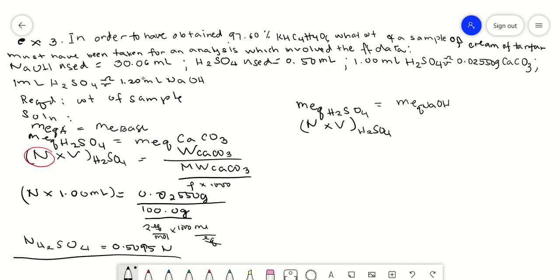So 0.5095 normal times the volume of 1 ml is equivalent to normality, which is unknown, times the volume of sodium hydroxide, which is 1.20 ml.